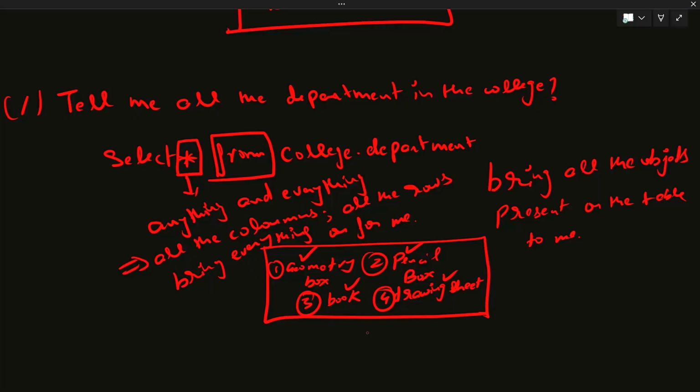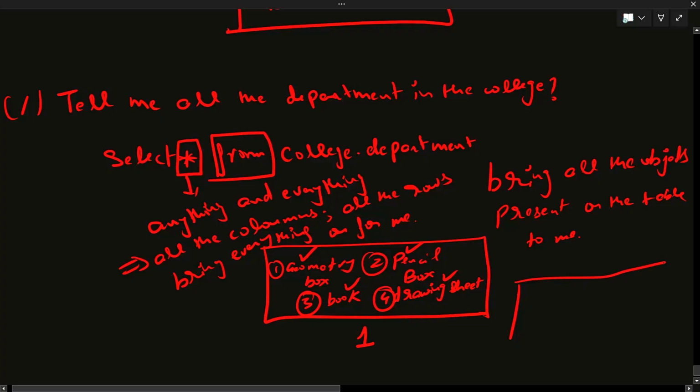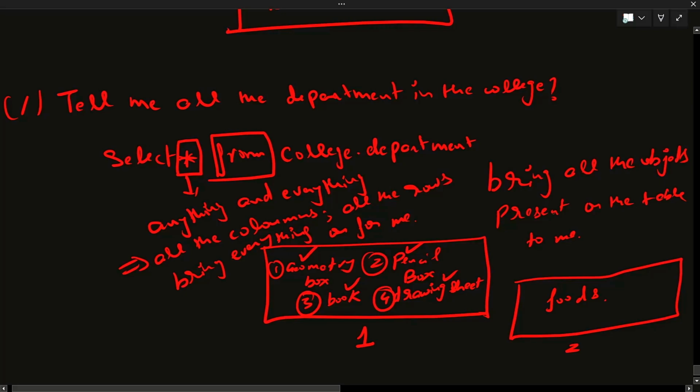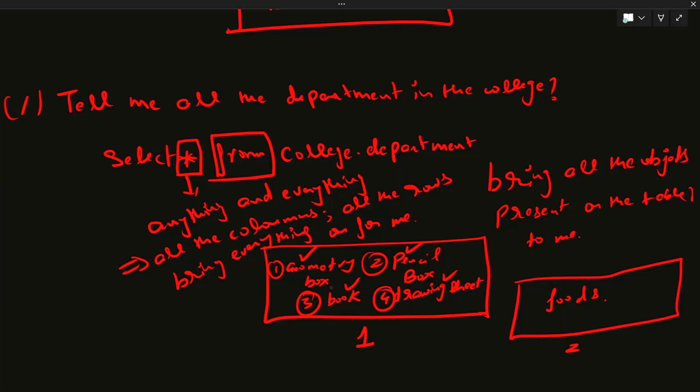Just for an example, let's take this table 1, and in the same way there is a table 2, where instead of this, different kinds of food are there, right? If I say bring all the objects from table 1 to me, you will bring this one.